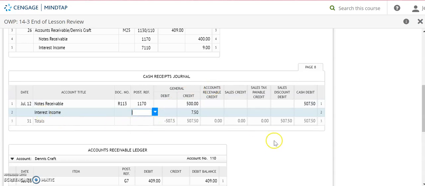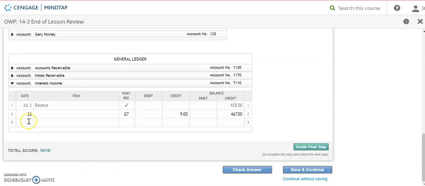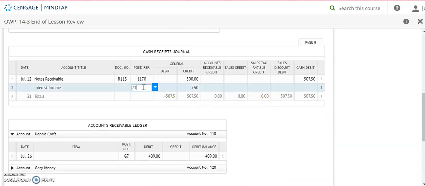Okay, then I'm going to be posting to interest income, the 12th, CR8, and 750. And then I'm going to find my new balance here. I get $474.50. Account number 7110 will go back. Now, as far as these totals go, I don't have to post any of those totals at this time.